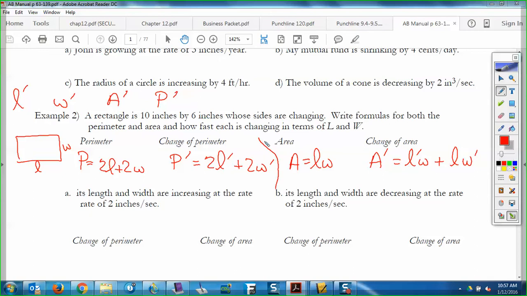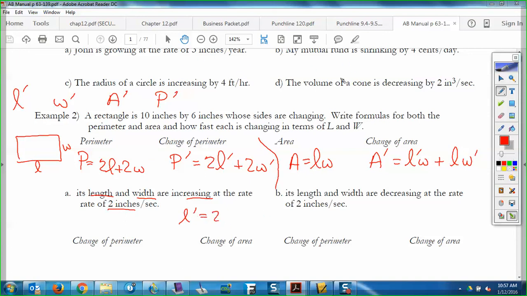Okay, now, what if they had said to me, the length and the width are both increasing at 2 inches per second. So as I'm dragging that rectangle, the length and the width are both increasing at 2 inches per second. What did they just tell me there? L what? They just told me L prime is 2.